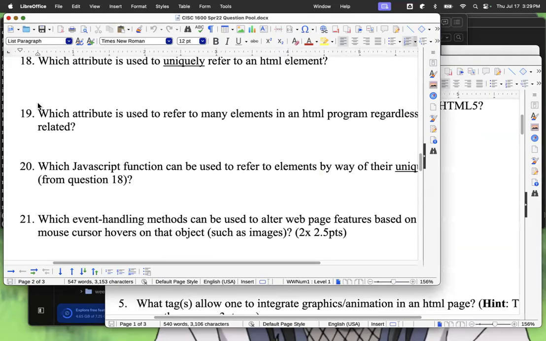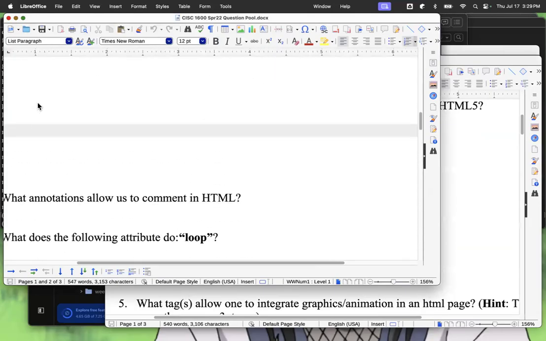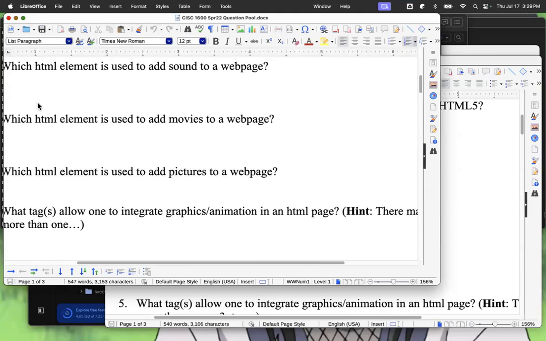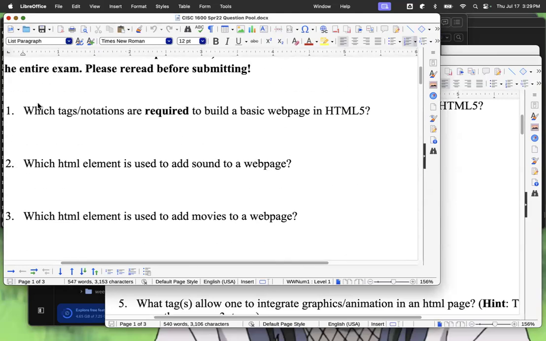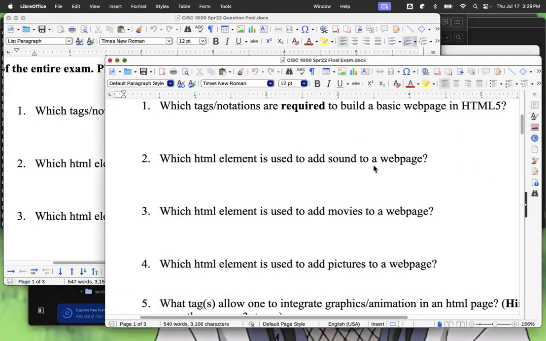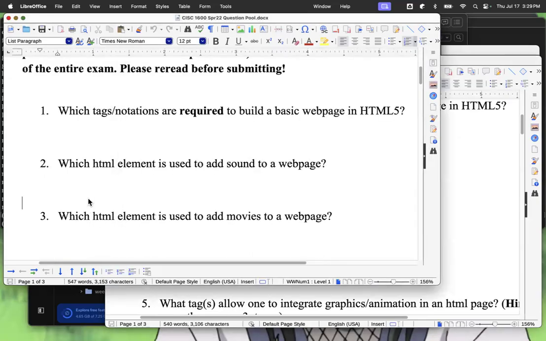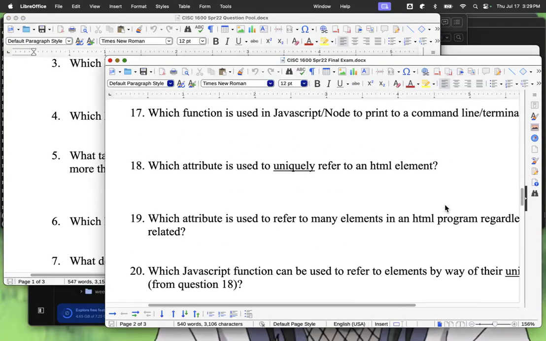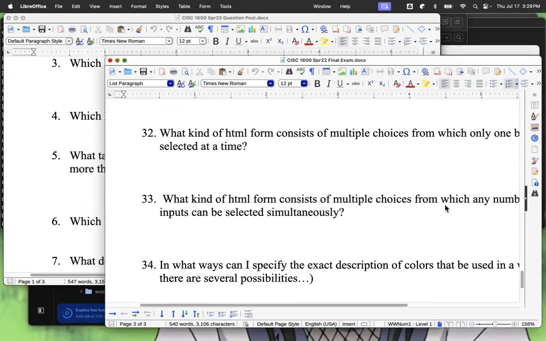By the time that was on the exam, they would have seen it in the question pool. What about sound or movie or pictures? Right, they would have seen that in the question pool. Doesn't mean that everything in there made it to the exam.